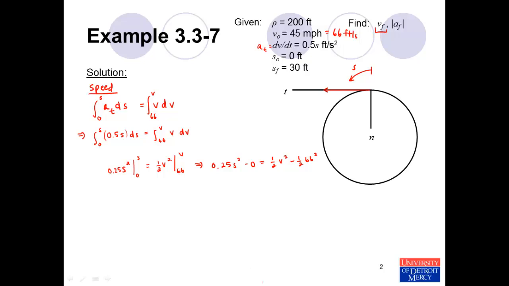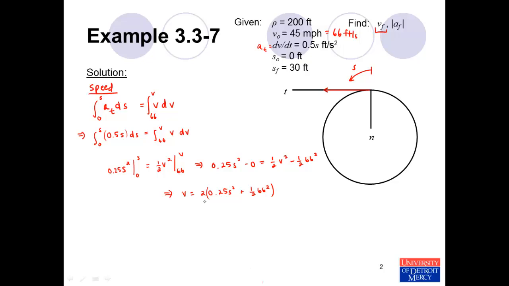We can solve for v. So we add the 1/2 66 squared to the other side. Multiply through by 2.